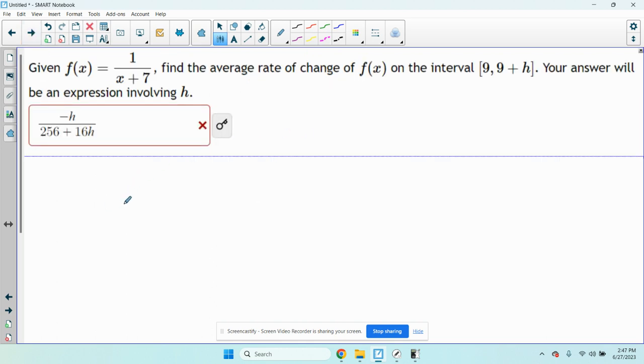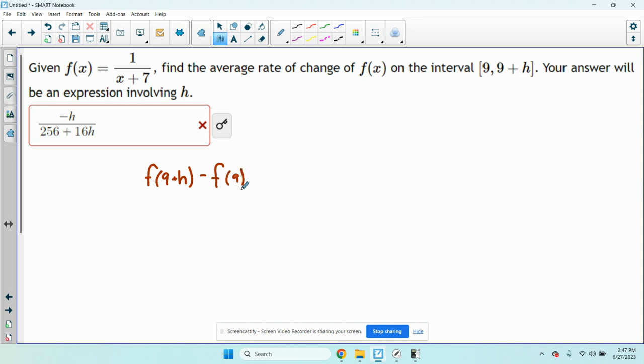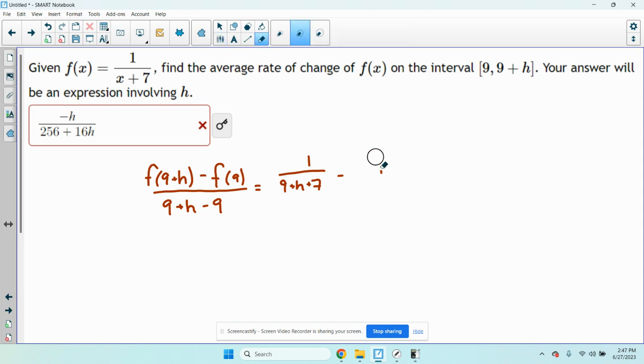Okay, average rate of change, again, this is going to be f of 9 plus h minus f of 9 over 9 plus h minus 9. This is going to be 1 over 9 plus h plus 7 minus 1 over 9 plus 7 all over h.